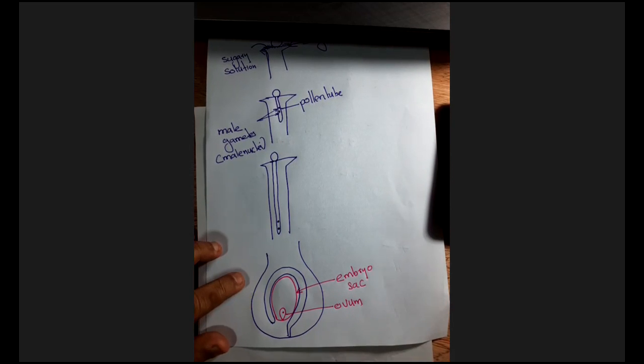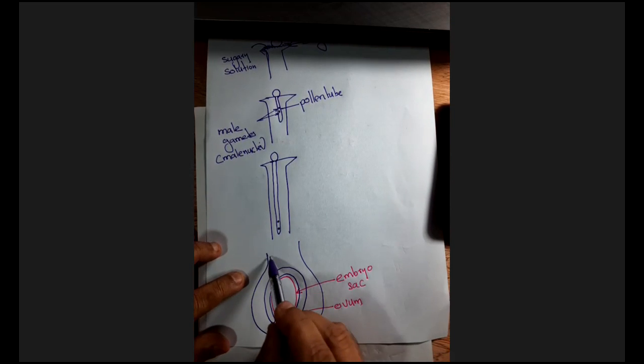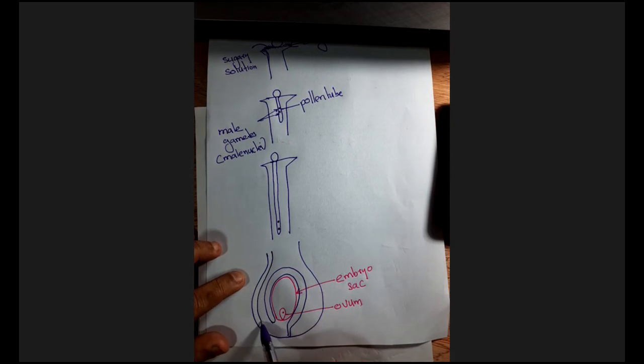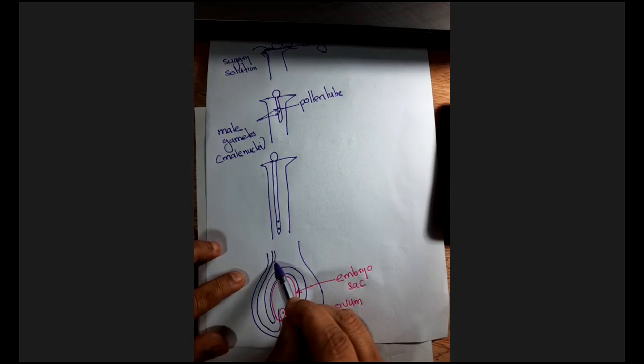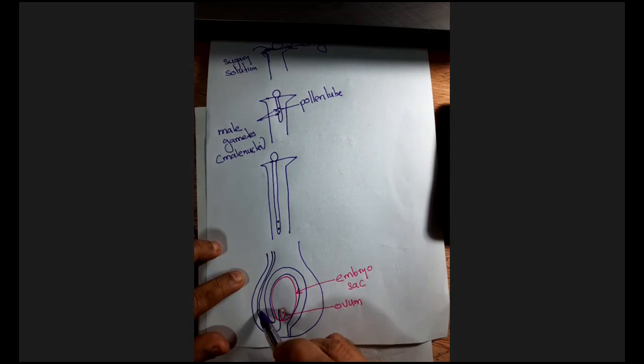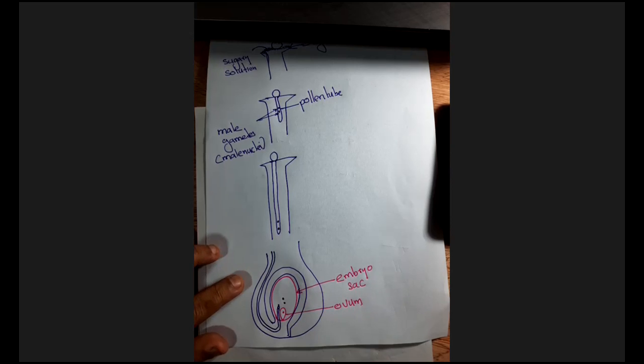Okay. Now, the growing pollen tube will come like this and will go into this and will release the male gamete to this place.